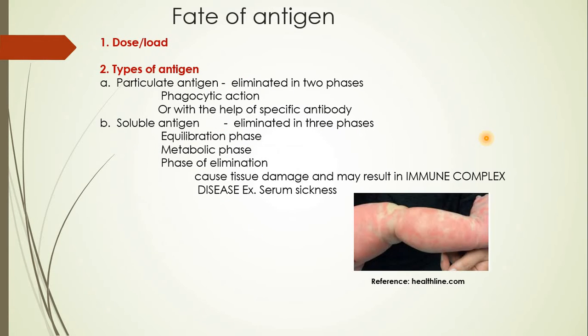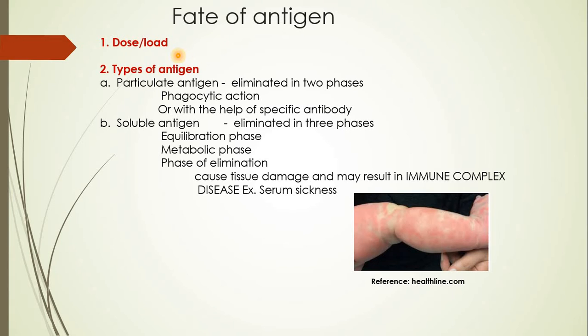Okay. Now we are going to understand the fate of antigen. To begin with, you need to understand what it means. It means that I'll be discussing what the effect is on this antigen when it enters into the body.